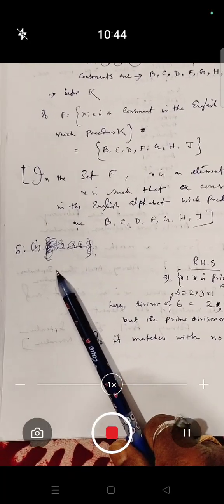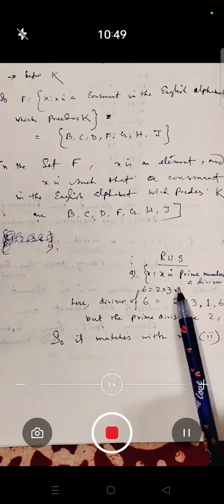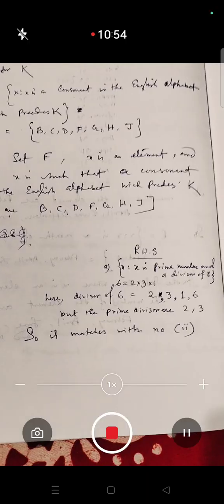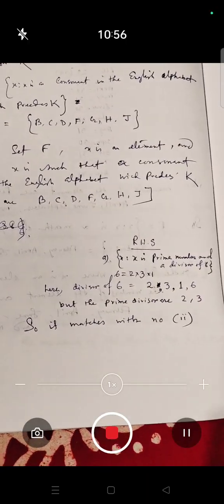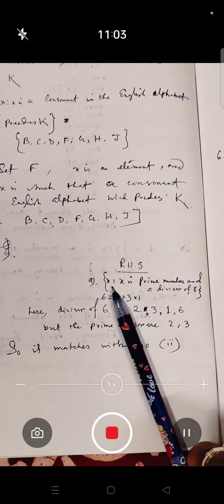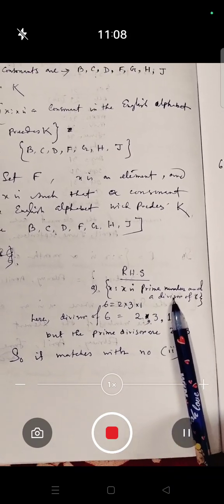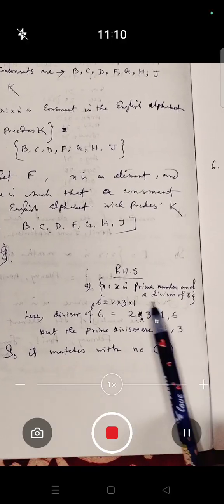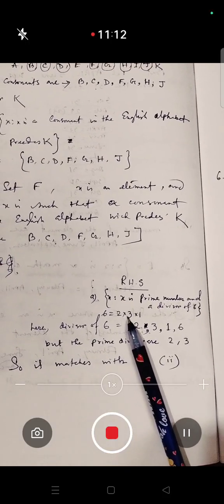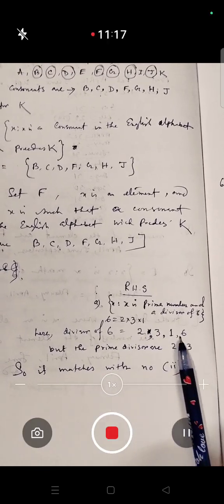Now next, number 1. Here you see the matching from the left hand side and right hand side. So first we have to see the right hand side. It is easy to solve. Right hand side: X is such that X is a prime number and a divisor of 6. So the divisors of 6 are 2, 3, 1 and 6 also.